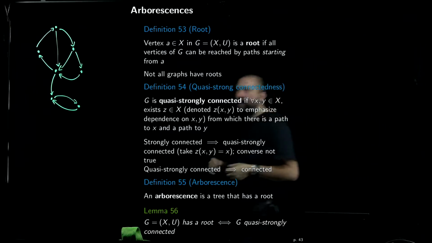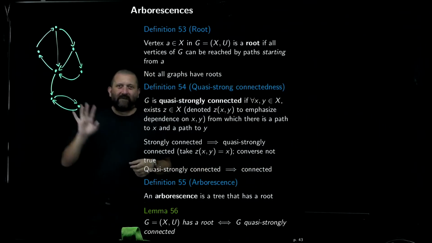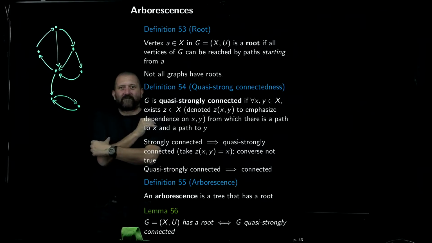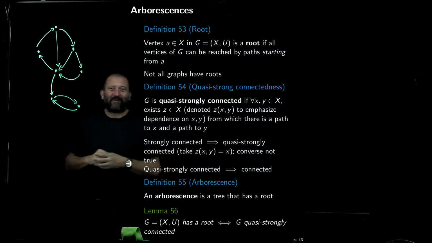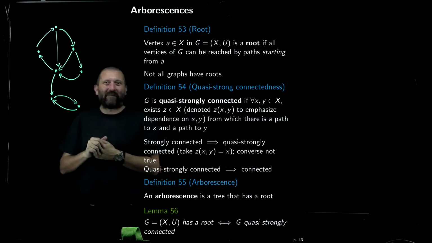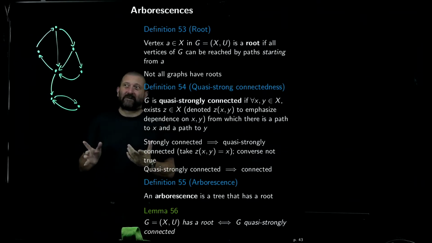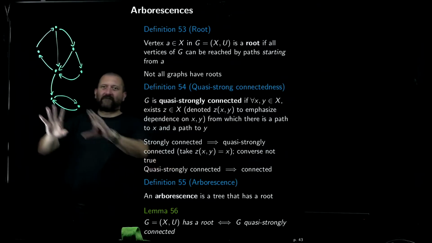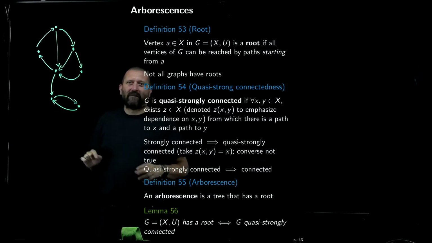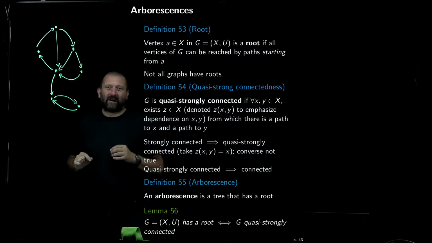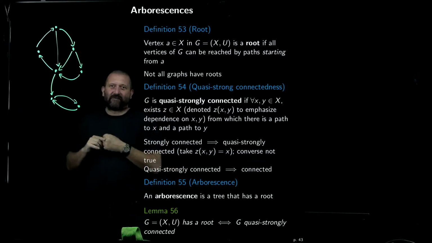Now, clearly, I have an example. So this is quasi-strongly connected, but it is not strongly connected. Okay, I've already established that these two guys here cannot have access to the others.